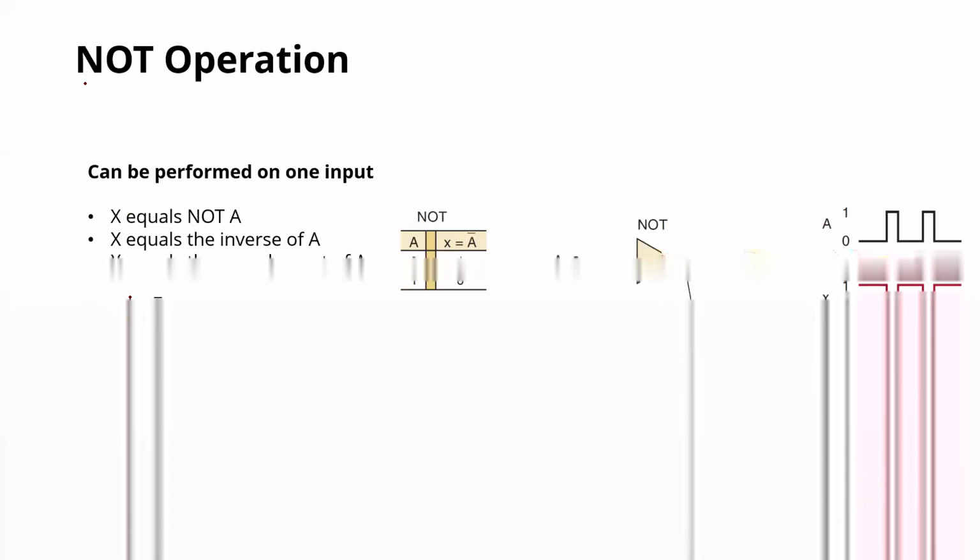Now, remember we said that we have 3 basic operations. We had OR, we had AND, and now we have NOT. So the NOT gate is this one.